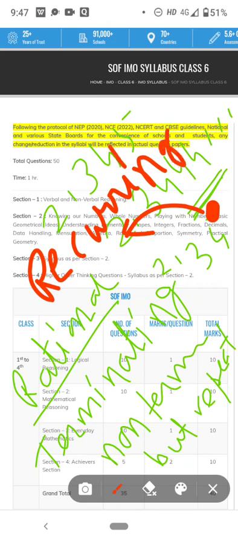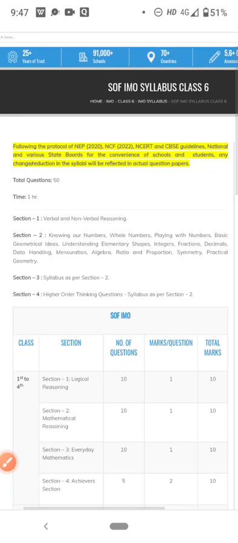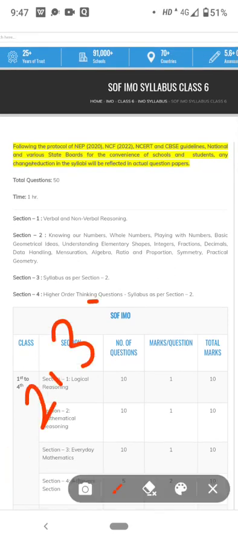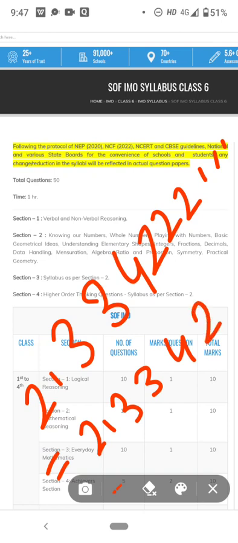Recurring means if a digit of a decimal number repeats, then it can be written in this form. One dot will be there. So this dot is called recurring decimal. Understand?